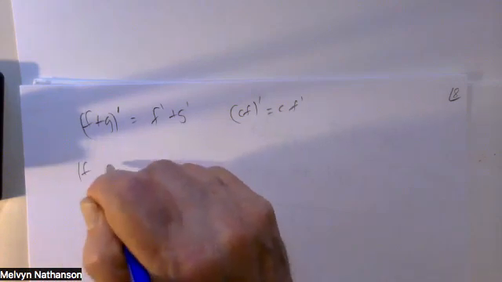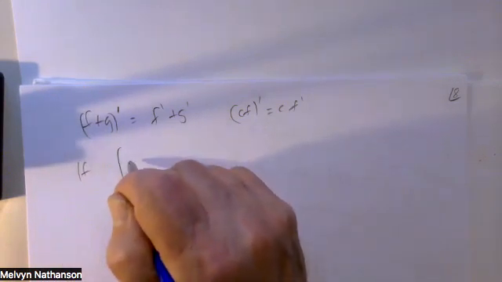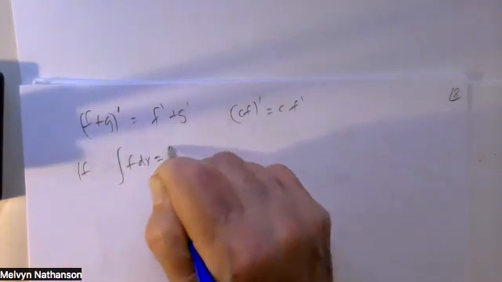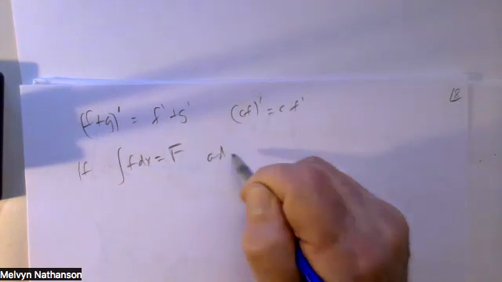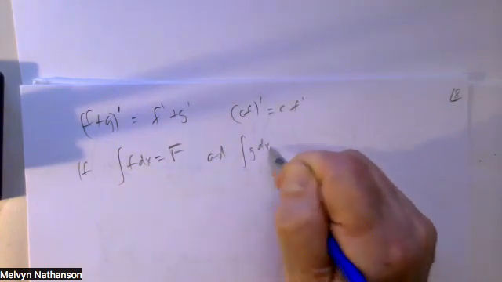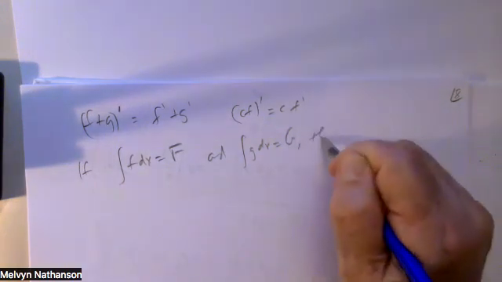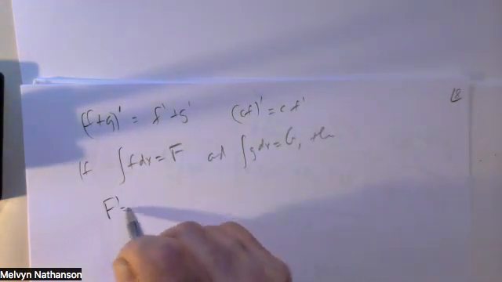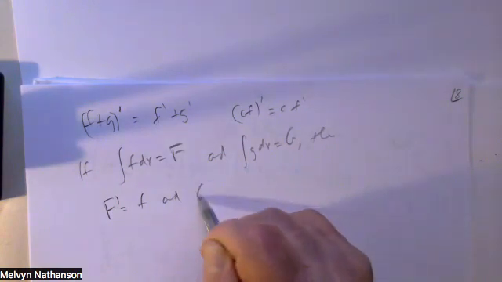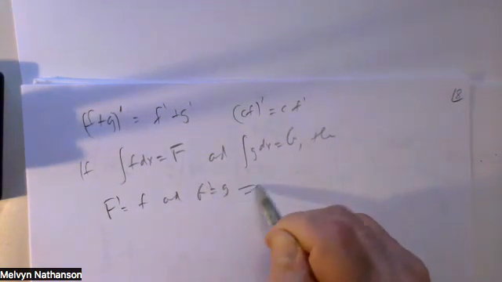So if we have antiderivatives, capital F and capital G, then F prime equals f and G prime equals g.